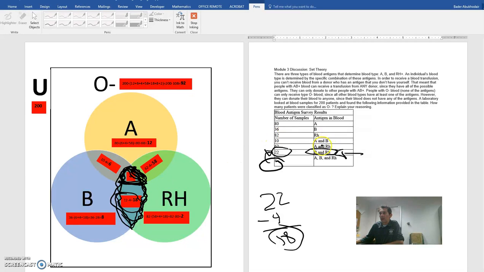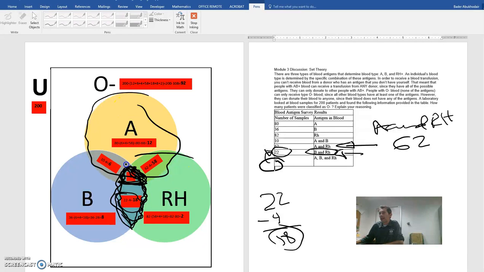Okay, so doing A and RH. He's saying the people who have A and RH are 62. Here's my circle A, and here's my circle RH. What he's saying is that the intersection between A and RH is 62.